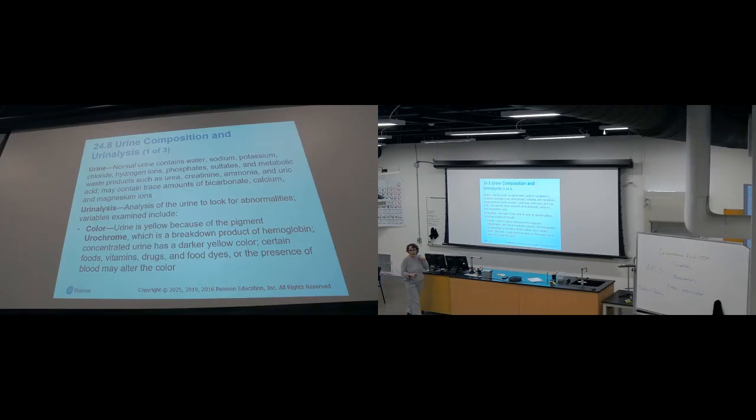But then with urinalysis, you can detect the presence of proteins. And when the person loses these proteins, the person is going to have edema. So the fluid, instead of staying within the circulatory system, is going to go into the interstitial space, and the person is going to look puffy. That's one of the signs of glomerulonephritis.